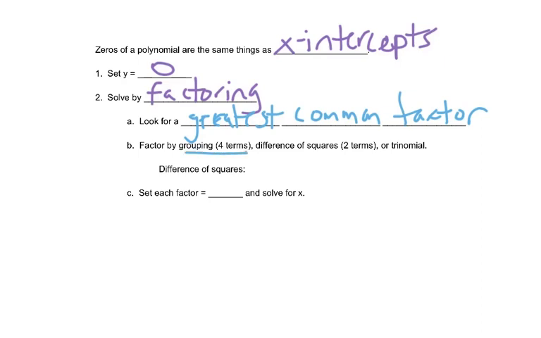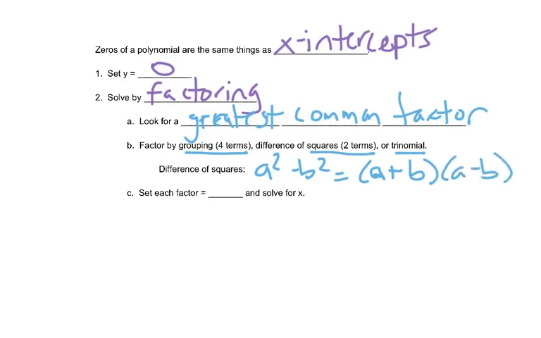You do by grouping if you have 4 terms, difference of squares if you have 2 terms, or the trinomial. Remember, difference of squares is when you have 2 things that are squared, and it factors to be a plus b, a minus b. Then you set each factor equal to 0 and solve for x.